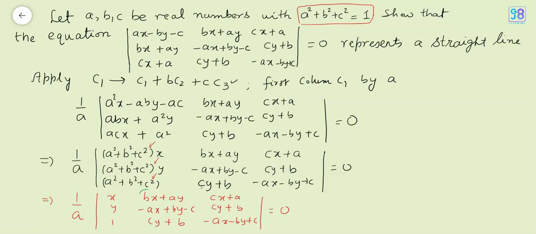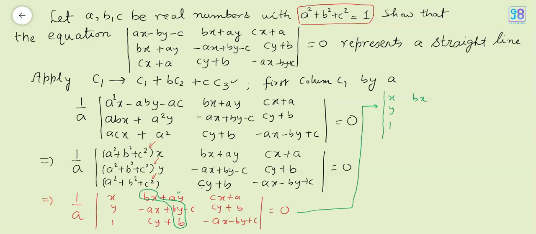Next, let us focus on terms like this. You will find that here we got bx, here we got by, and here we got b. So if I split this determinant as the sum of two determinants, this will give us x, y, 1, and then I'll split with respect to this first column.